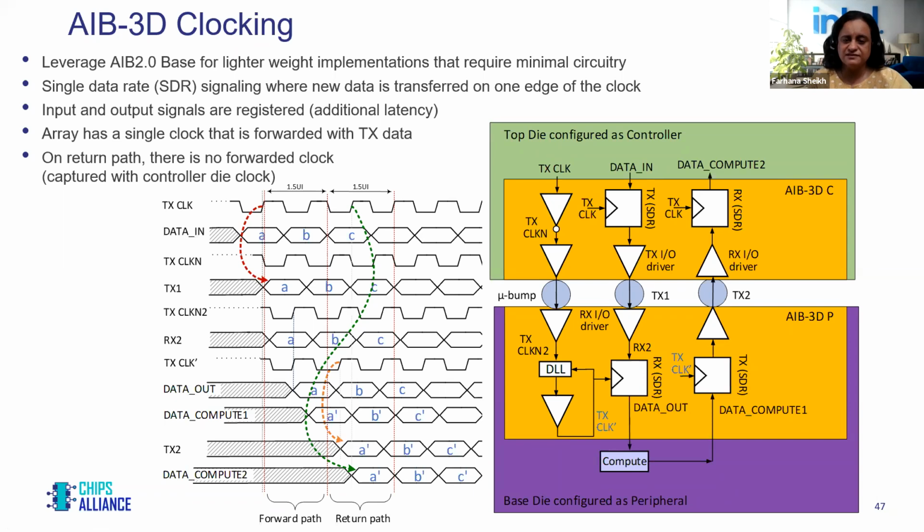So that data is flopped in and then sent to the top die through the buffers. It is then received on the original TX clock, which is 180 degrees different from TX clock prime. Again, that transfer, as you can see on the left, is also about 1.5 clock cycles.